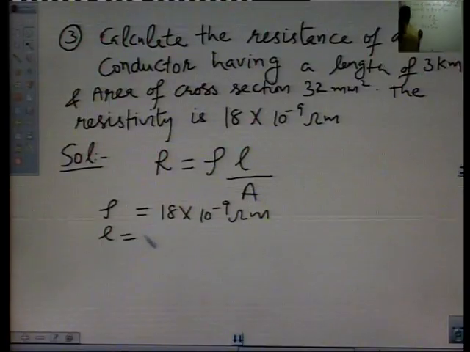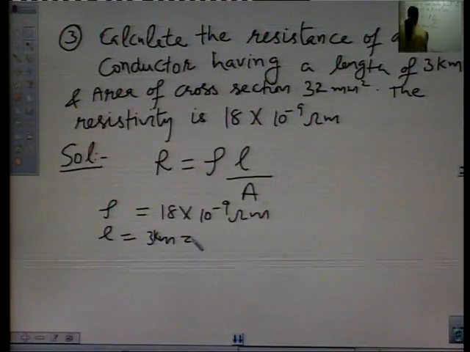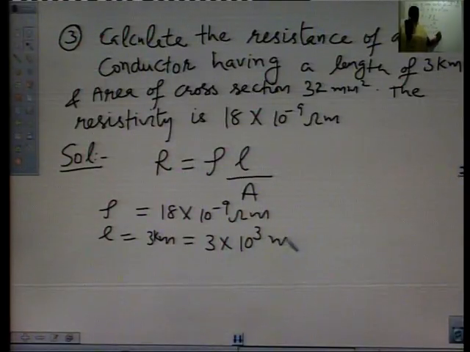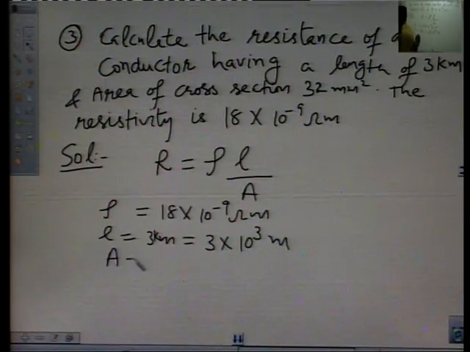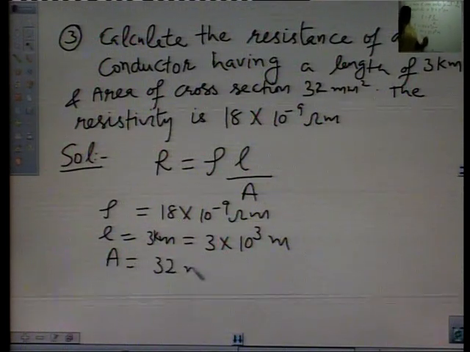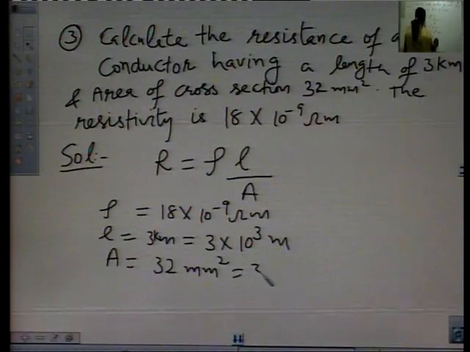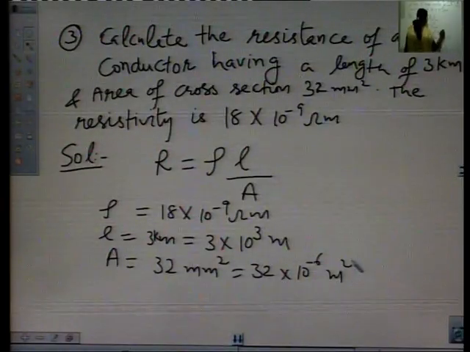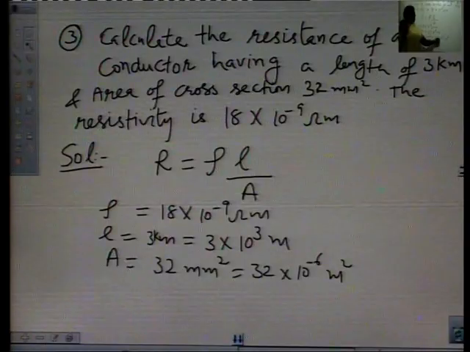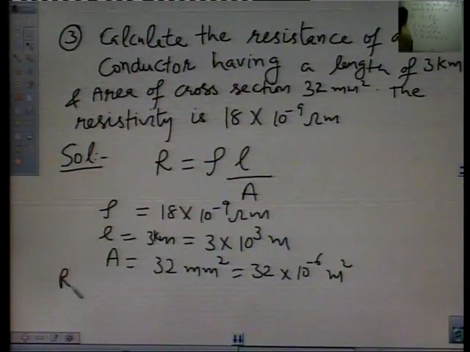The length is 3 kilometer. 3 kilometer is equal to 3 into 10 raised to power 3 meter, and area of cross section is 32 millimeter square. This can be also written as 32 into 10 raised to power minus 6 meter square.